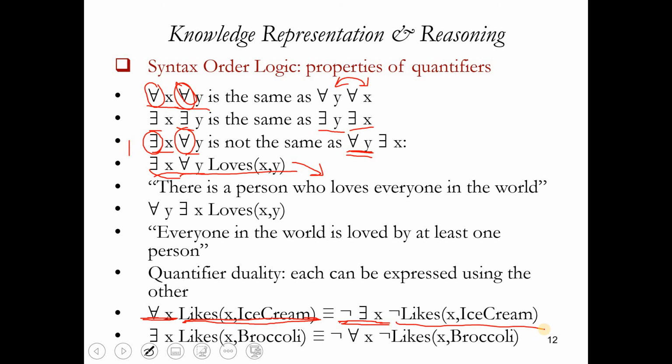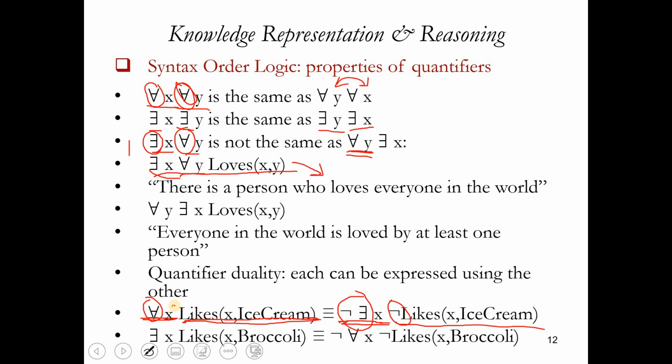There are no people who don't like ice cream. It is the same as saying everyone likes ice cream. So whenever you see the universal, you can replace it with not of existential, and also you have to invert the symbol, make likes into not likes. The meaning is the same.